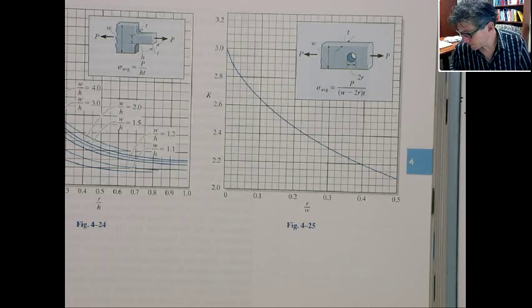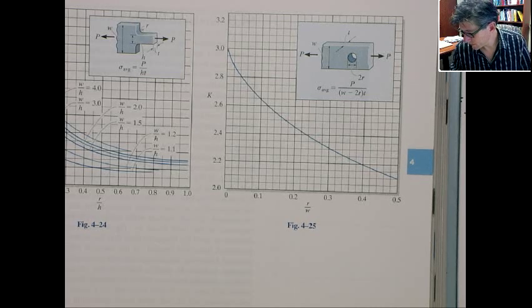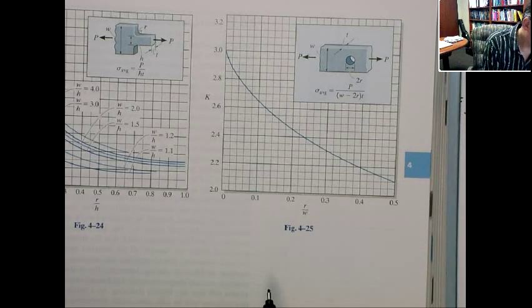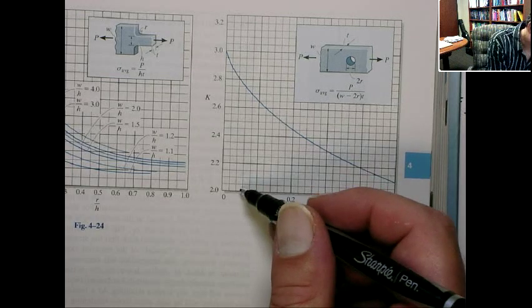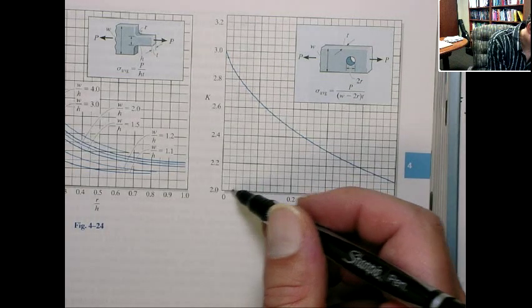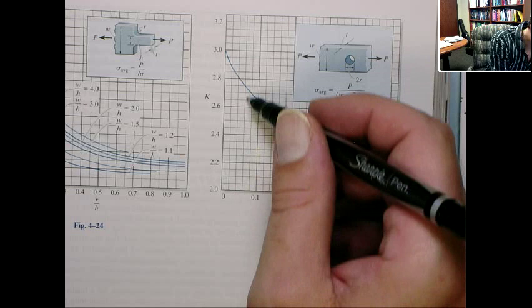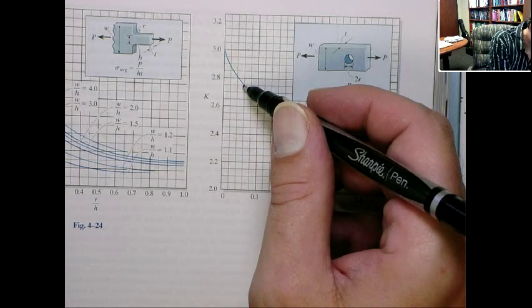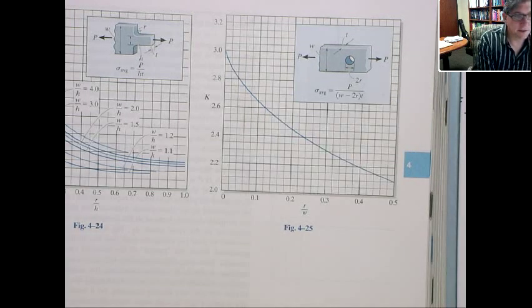So we're looking at 0.0625. So this is about 0.246, so about up there. And so that gives me a stress concentration factor of 2.75, about, okay?